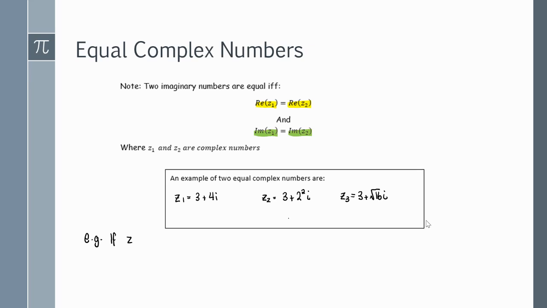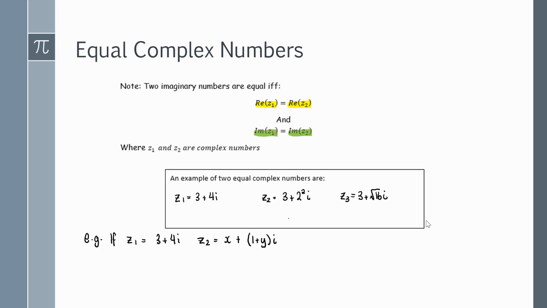Sometimes a question will give you z1 equals 3 plus 4i, and another number z2 equals x plus (1 plus y) i.